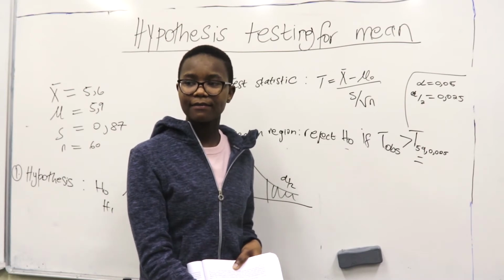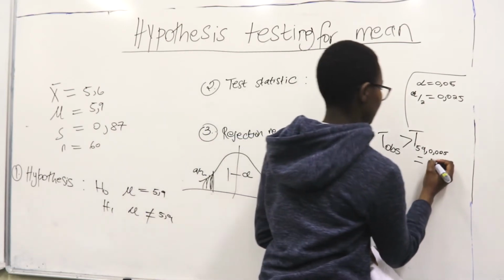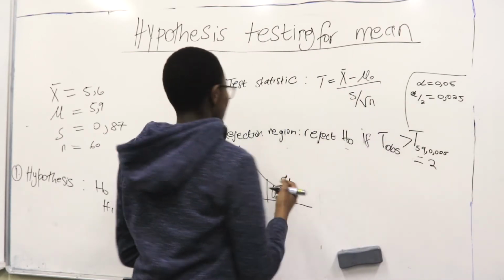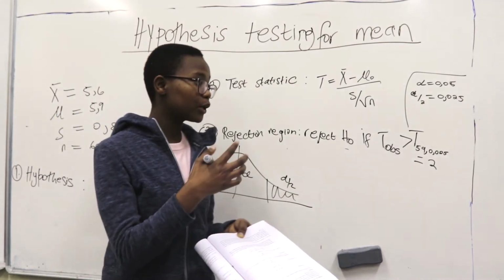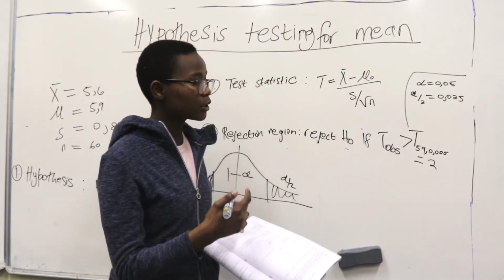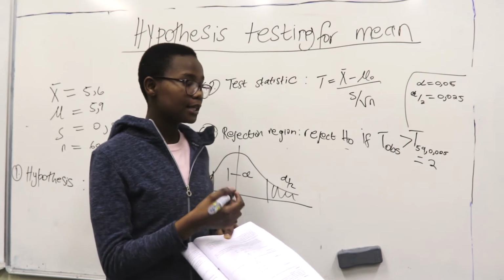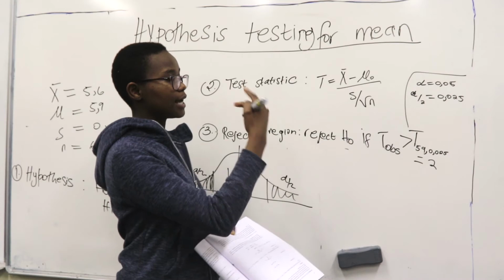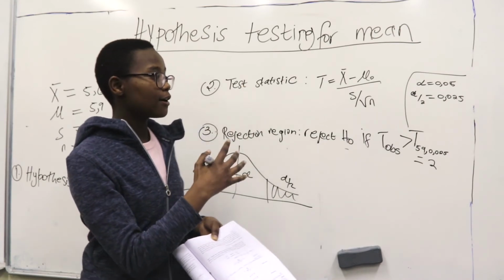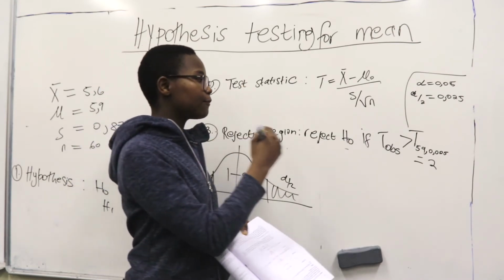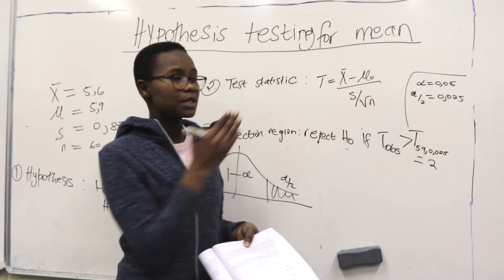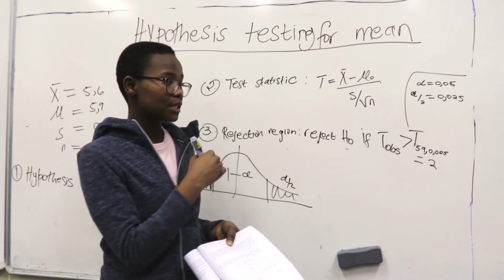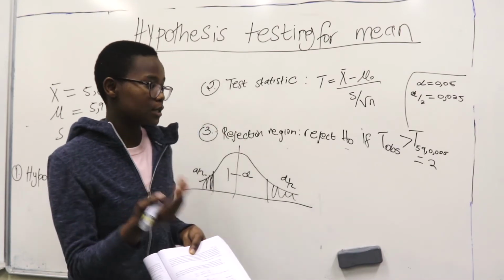We're using 60 since 59 is not there. If you look at the table, we'll be using table 3, the T distribution table. There you'll find 40 and 60, right? Since 59 is closer to 60, that's why you choose to use the values for 60.